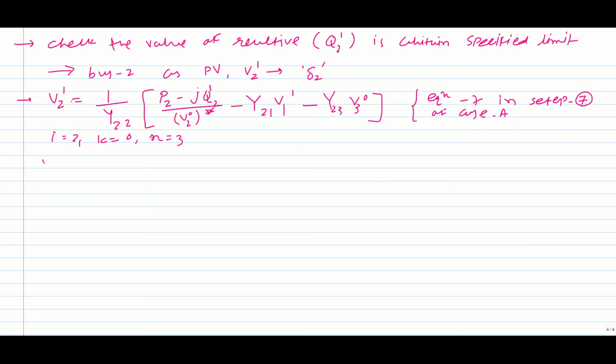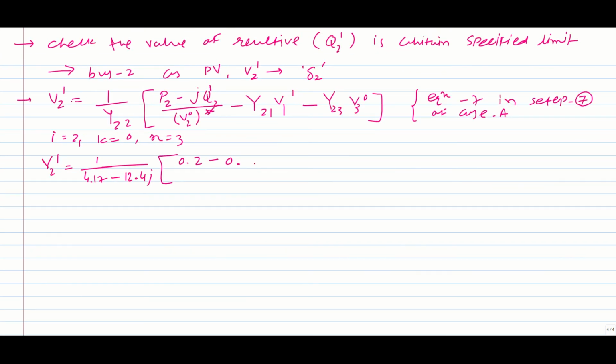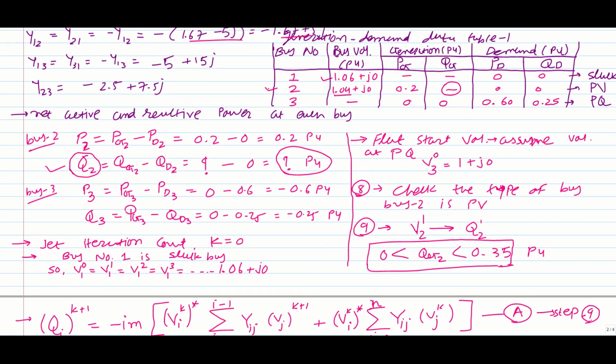So here I will substitute the value of V21 as 1 divided by 4.17 minus 12.4j, that is Y22, into the bracket P2, which is 0.2, minus jQ2, which you have derived over here. So consider the value of Q2 is 0.1035, divided by 1.04, V20 which is given as 1.